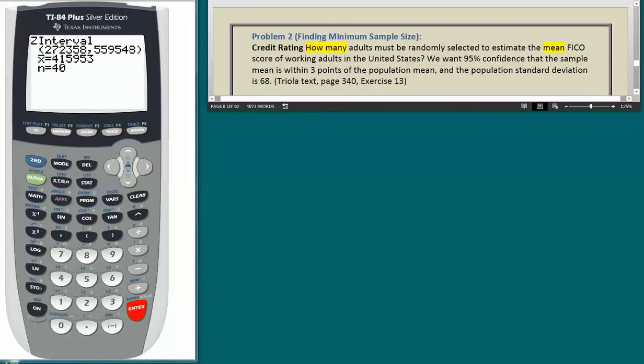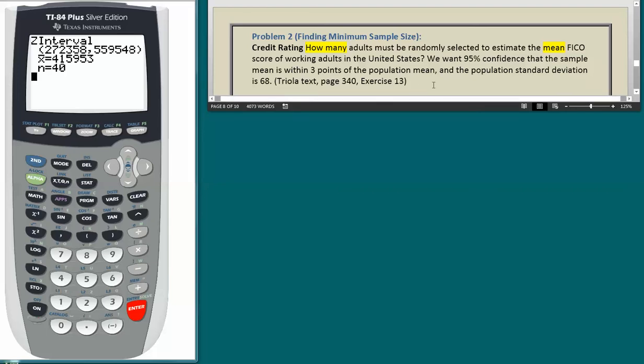Okay, here's another problem. This problem is called finding minimum sample size. And I want to emphasize, we're still in Chapter 7, but in this case, they're not asking us to construct a confidence interval. It's so important that you learn how to read these problems and what they're asking you to do. If it were asking you to construct a confidence interval, it would have to say, construct a confidence interval.